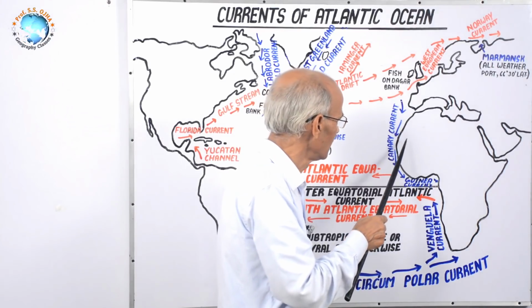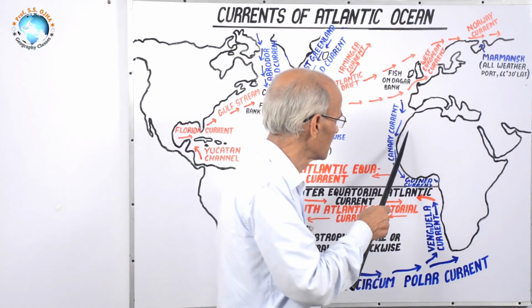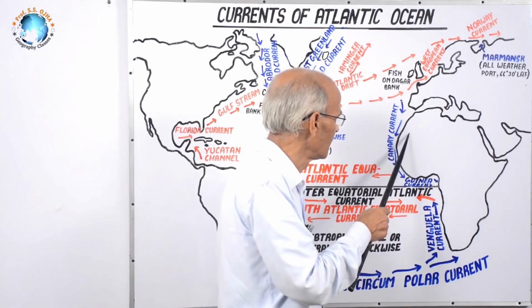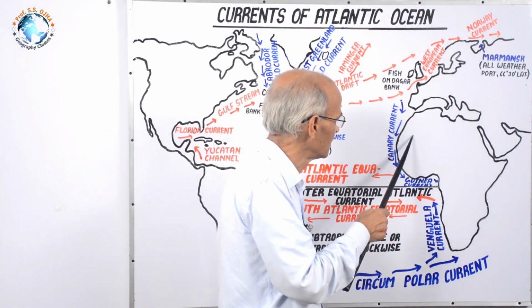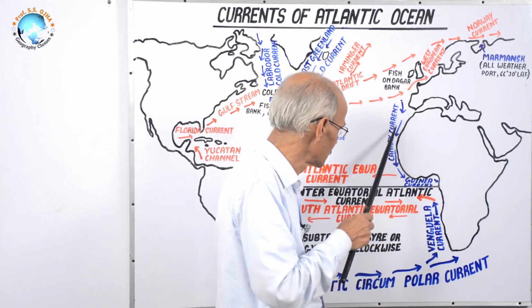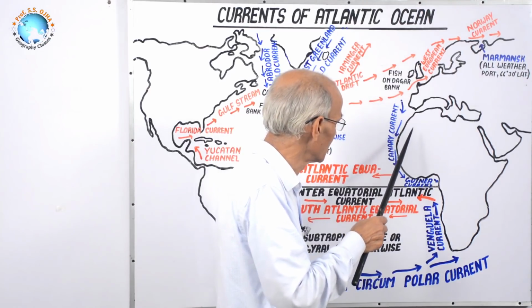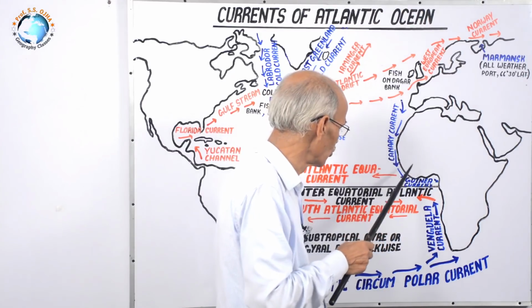Why? Because people living here in Morocco or the northwest African desert region have a warm atmosphere. In comparison to that, this current is cooler, hence it is called the Canary Current, which is cold and which keeps the coastal climate of northwest Africa cooler.